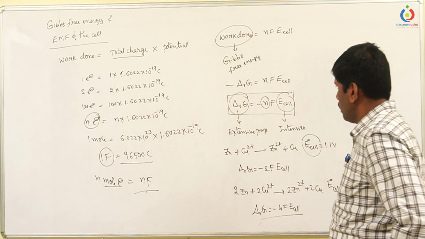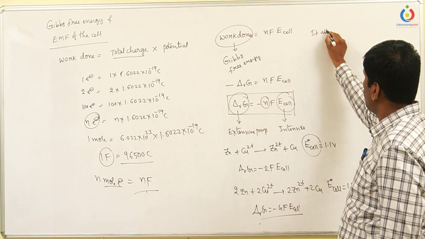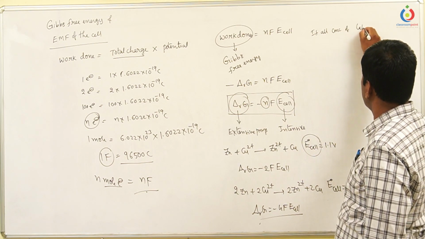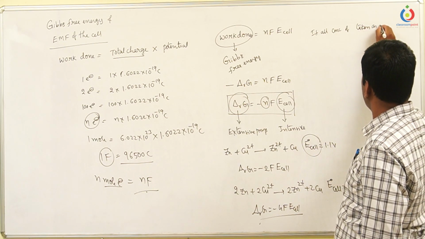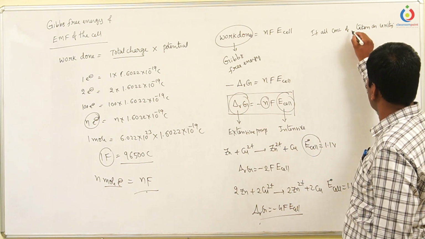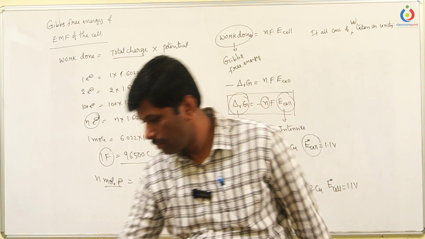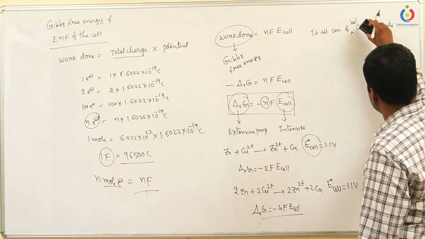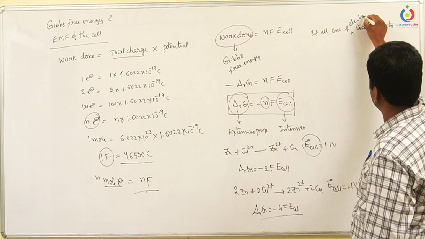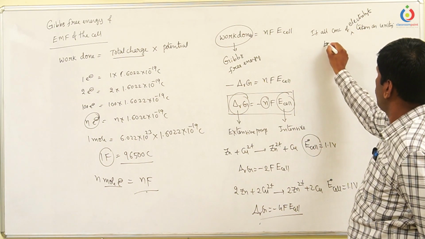Now let's come to the point that if all concentrations of electrolytes are taken as unity, then E cell becomes E0 cell.